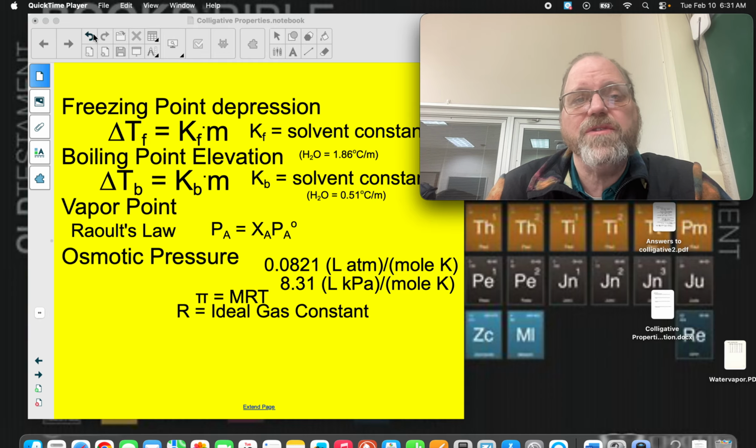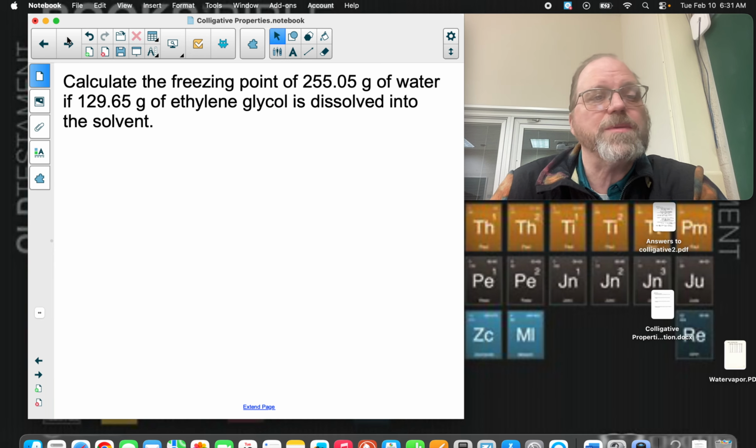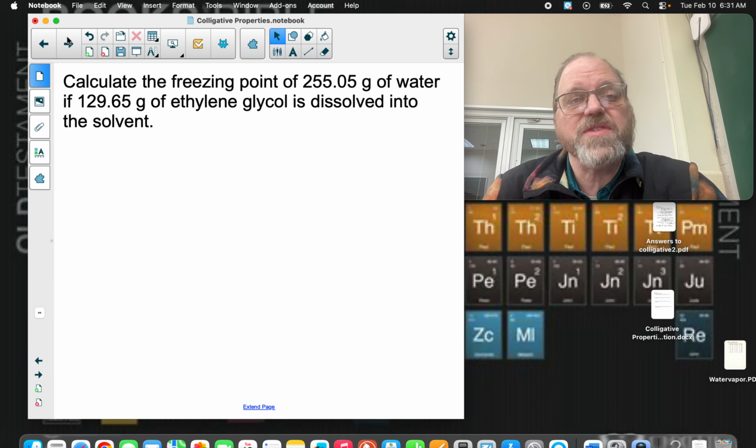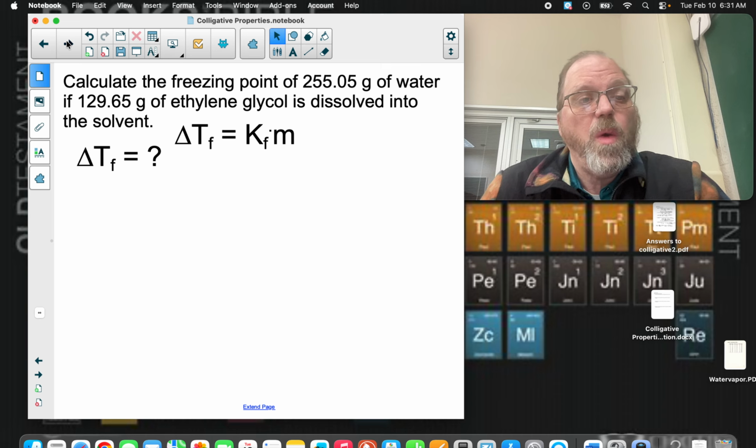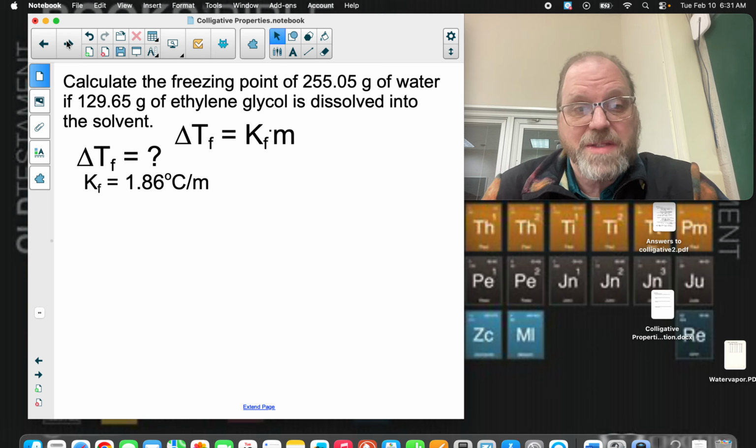Find the freezing point of 255.05 grams of water when 129.65 grams of ethylene glycol is dissolved in the solvent. All right, so we're going to take our freezing point, delta T sub F is equal to Kf times m. We know the Kf of water is 1.86 degrees Celsius per molal because it's water, and we've got to find the molality.